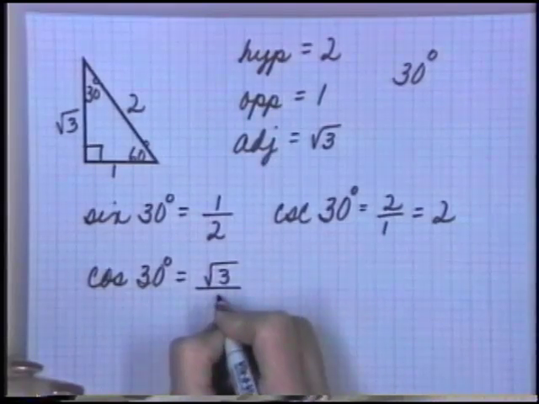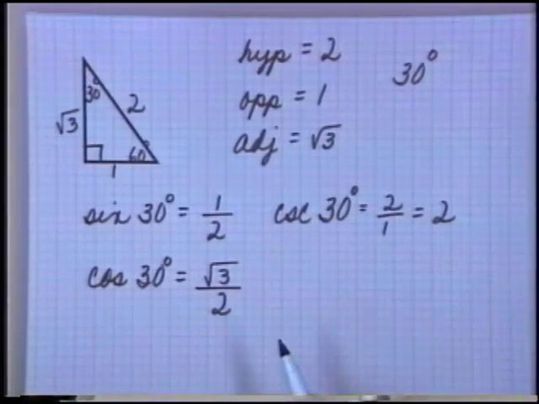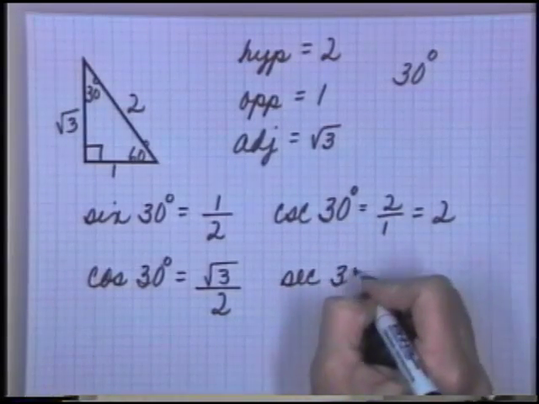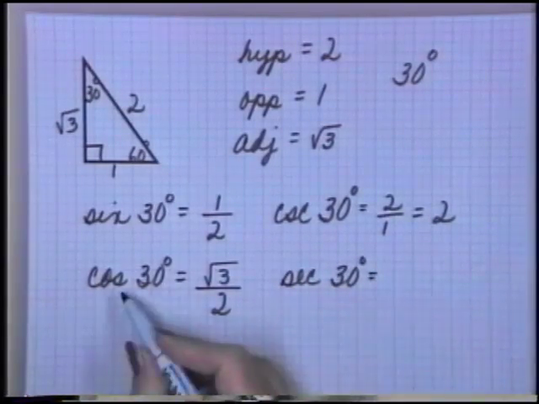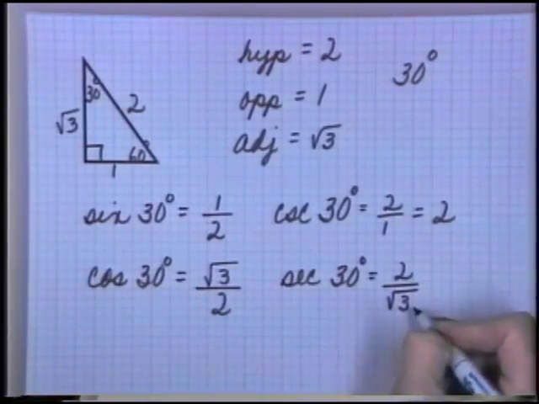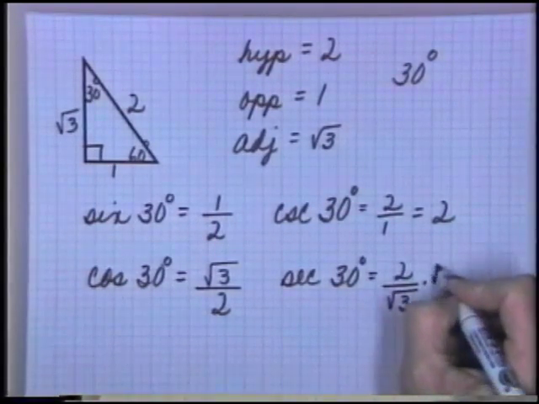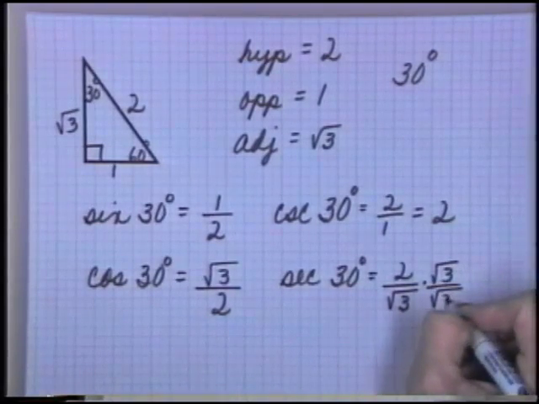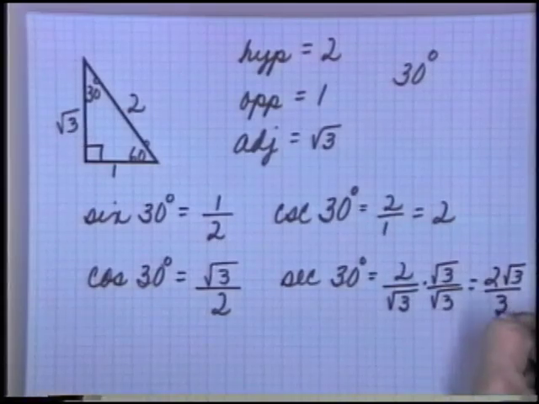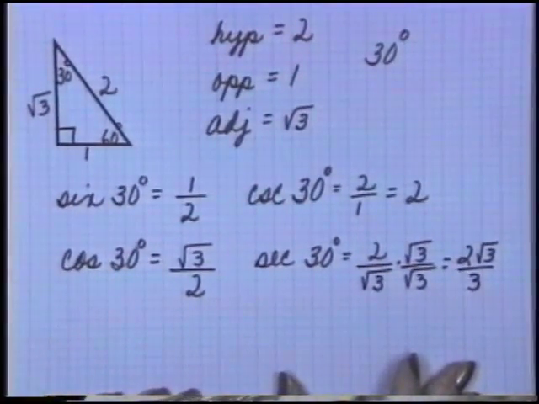So that would equal the square root of 3 divided by 2. And let's go ahead and find the secant of 30 degrees, the reciprocal of the cosine, 2 divided by the square root of 3, and then we'll rationalize, and we'll get 2 times the square root of 3 divided by 3.